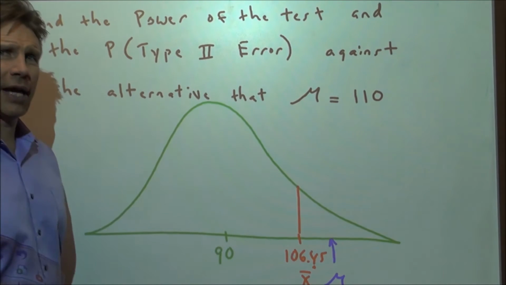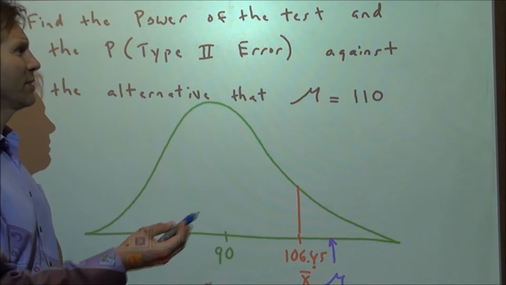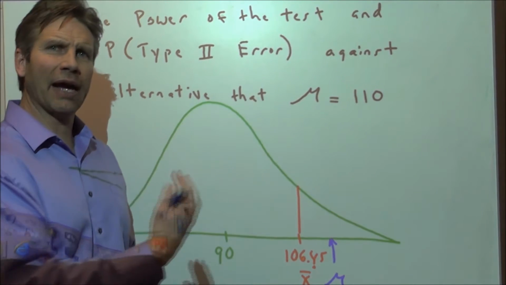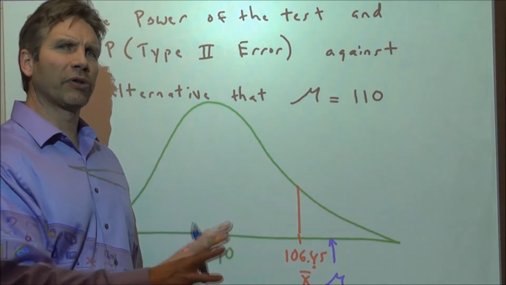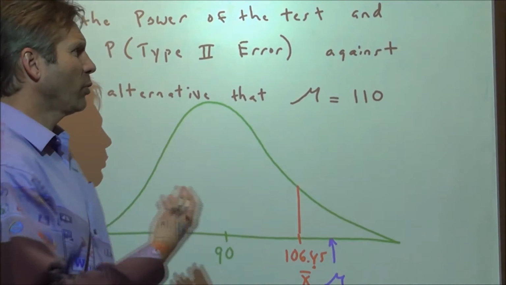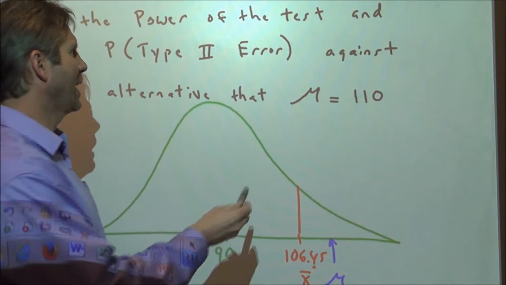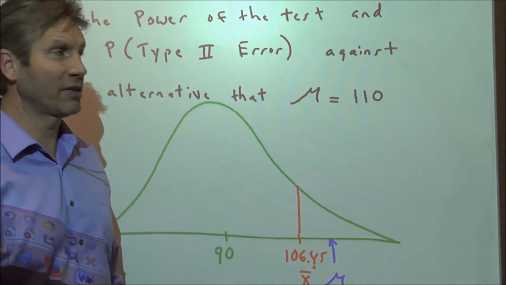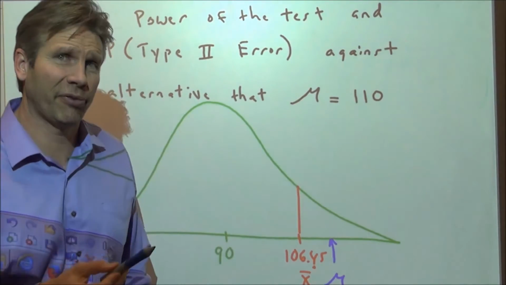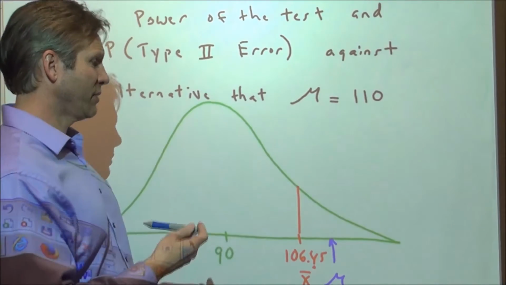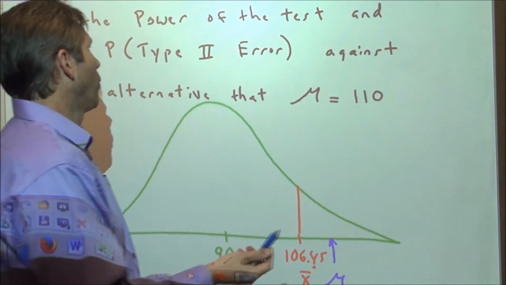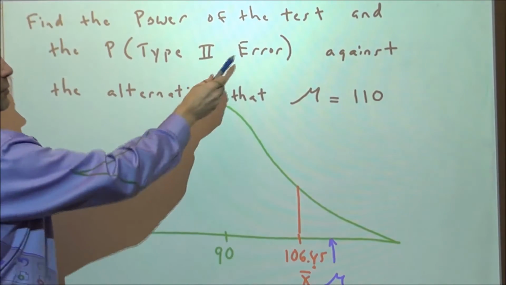Now the way we would have to calculate the power of the test is somebody would have to recommend a particular mean average wait time when the alternative is true. So suppose the CEO says, okay, you guys, if the true mean wait time was 110 seconds, is your test powerful enough for us to reject the null and correctly accept the alternative, or do we run the risk of making a type 2 error?